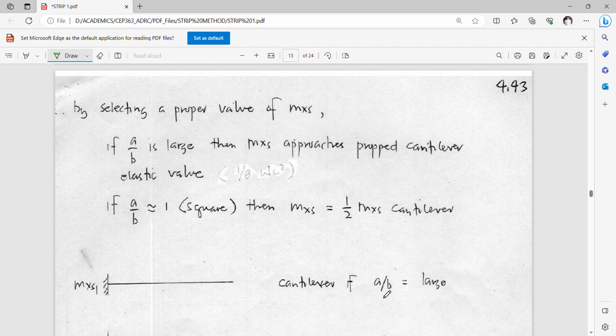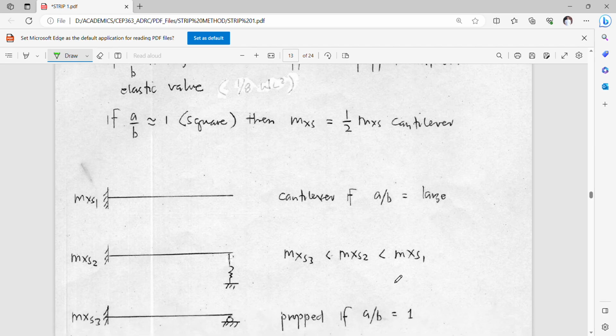By selecting a proper value of MXS, if A over B is large, then MXS approaches a propped cantilever. If A and B are approximately equal to 1, then MXS is 1/2 MXS of the cantilever. So what does this mean?